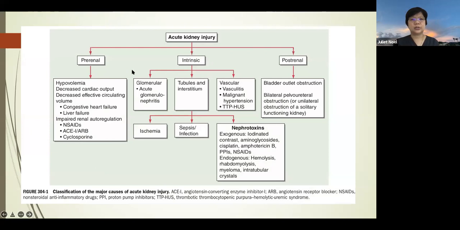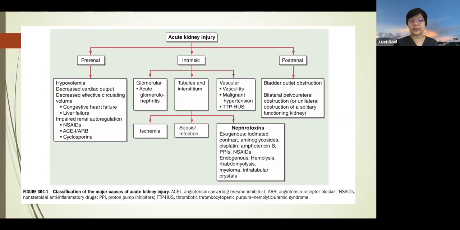So these are the causes. For pre-renal AKI: hypovolemia, decreased cardiac output, decreased effective circulating volume, like, as I mentioned, in CHF and liver failure, then impaired renal autoregulation in patients who are taking NSAIDs, ACE inhibitors.